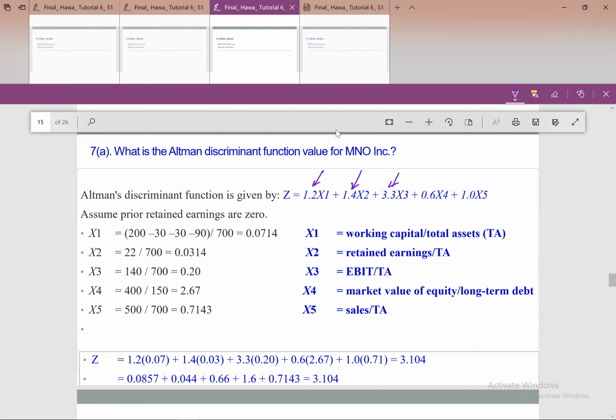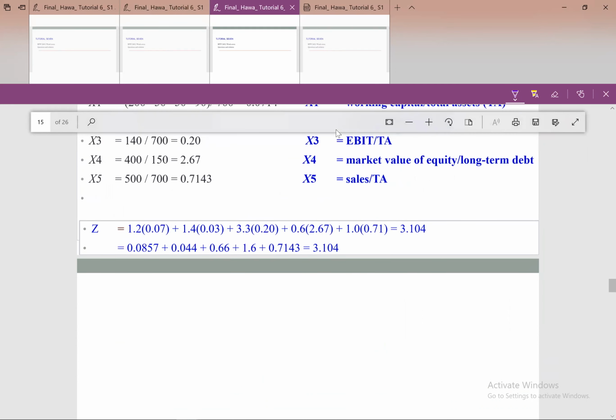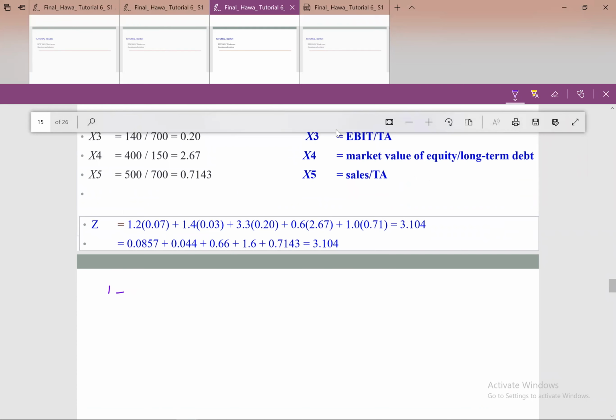The regression analysis will give you these coefficients. All you have to do, when any company comes to you for a business loan, and this is a model for business loans, is calculate X1, X2, X3 according to that company, and then get the Z value.